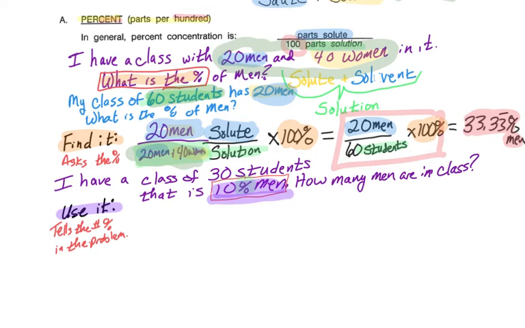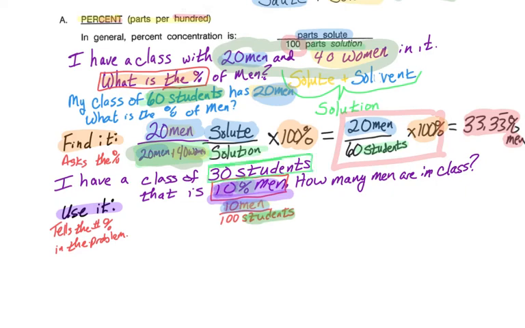And that percent can be written as 10 men for every 100 students. And once again, the men are our solute and the students are the solution. The number 10 came from the number that was given at the start of the problem.